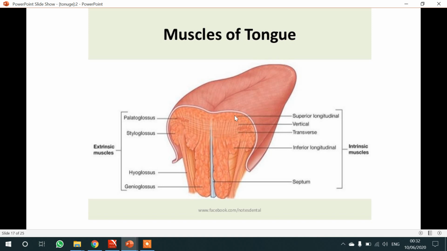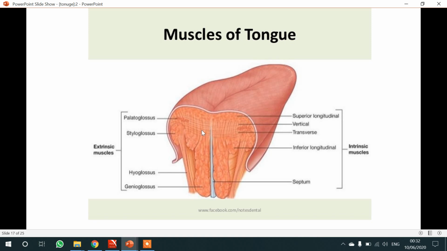The superior longitudinal and inferior longitudinal muscle fibers, which are arranged in a longitudinal manner, when they contract, the tongue is going to be retruded, taken back into the oral cavity, and it becomes thick.